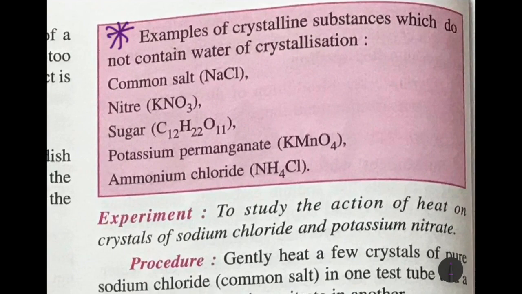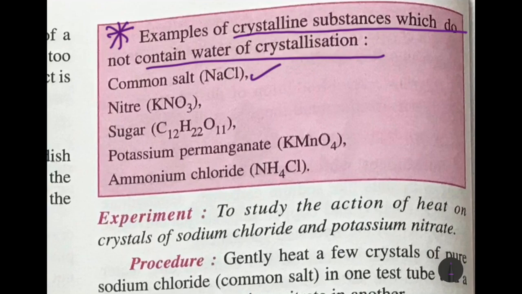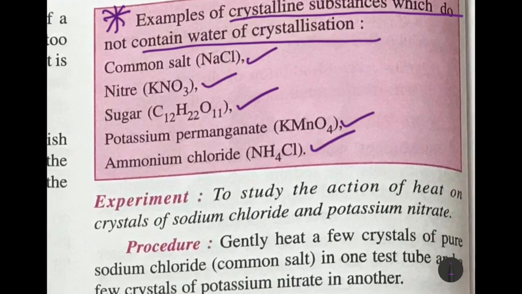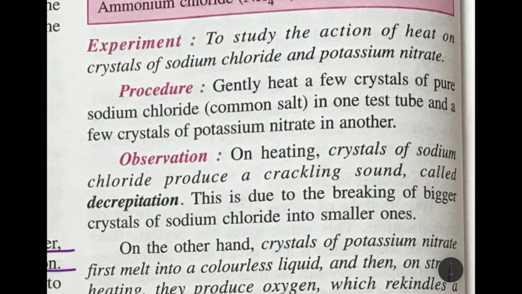You're going to write this also for your assignment. Examples of crystalline substances which do not have water of crystallization: common salt, niter, potassium nitrate, sugar, potassium permanganate, and ammonium chloride.